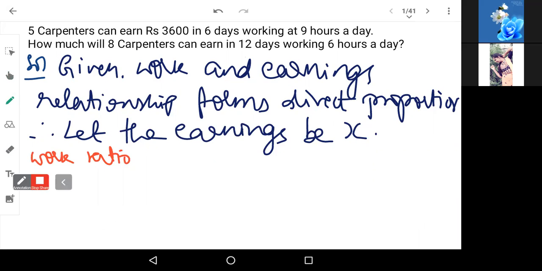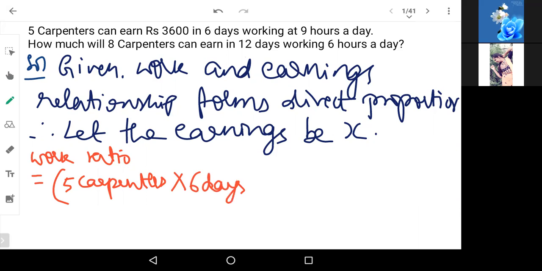Now if you see here, in the first line of the question, 5 carpenters are working for 6 days, 9 hours each day.